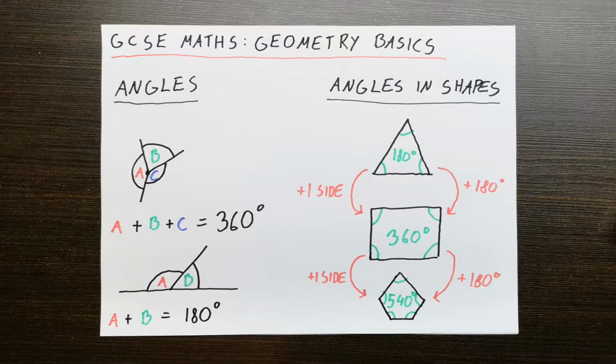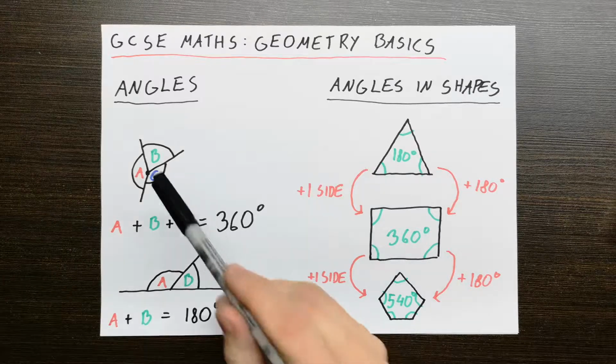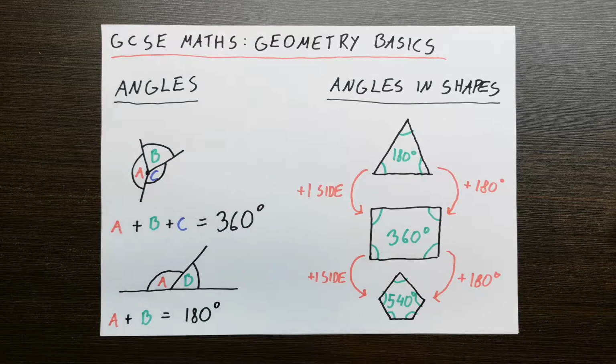So first of all, let's talk about angles. Let's talk about angles themselves, rather than shapes, which we'll cover later. So the two rules here that I want to teach you. The first rule is that all angles at a point add up together to 360 degrees.